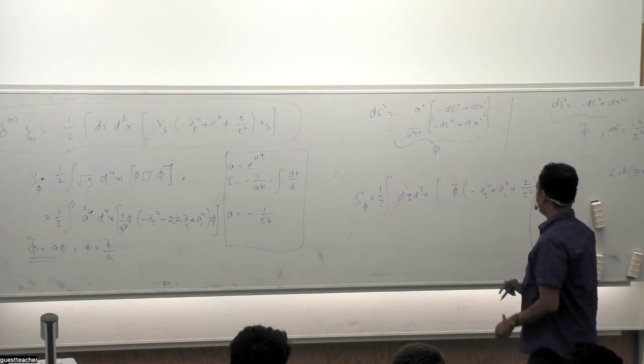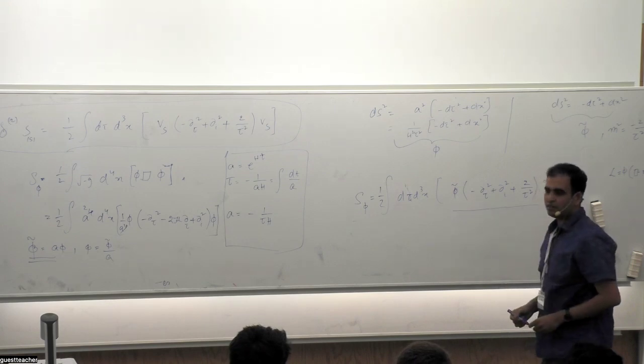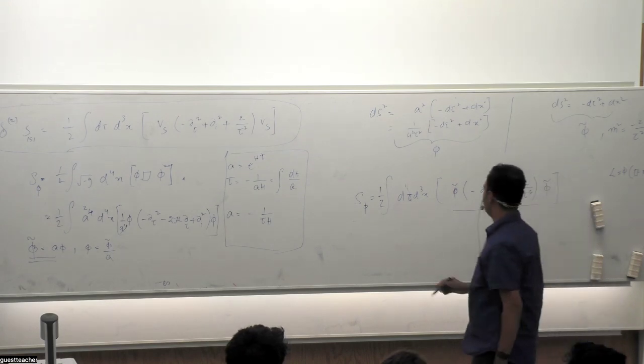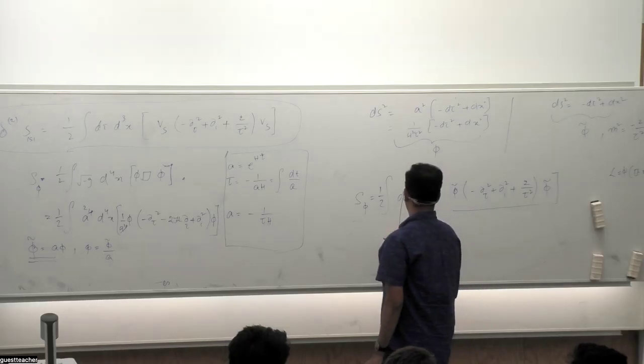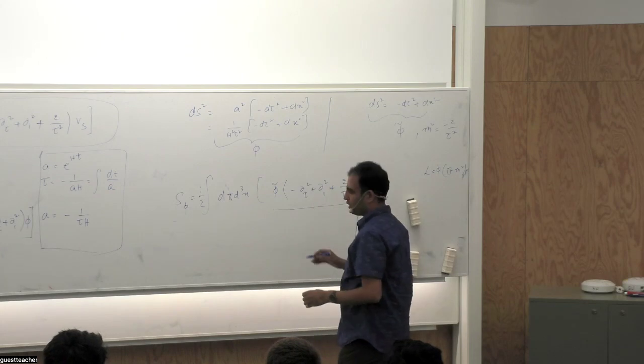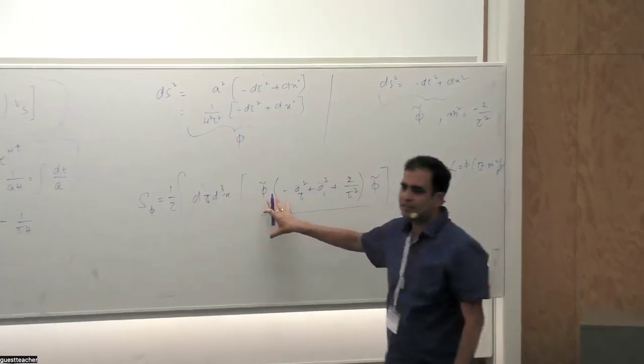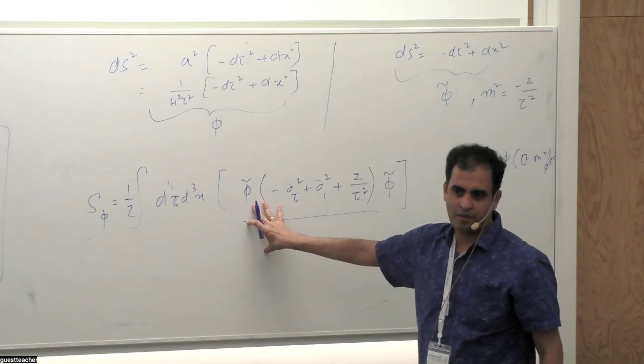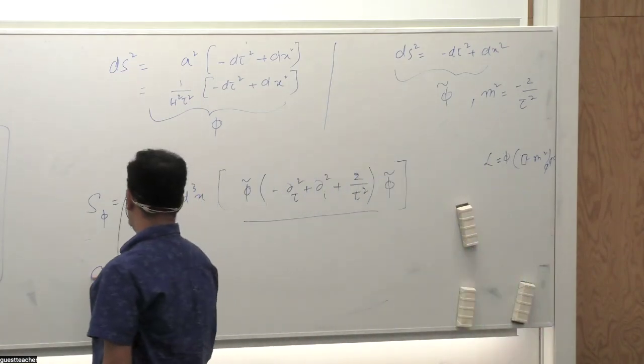Okay, now let's look at the field equations of this, and it is nice to understand in momentum space. Why do we look at momentum space? Suppose, let's say, this is the field we want to quantize. Okay. How do we quantize?